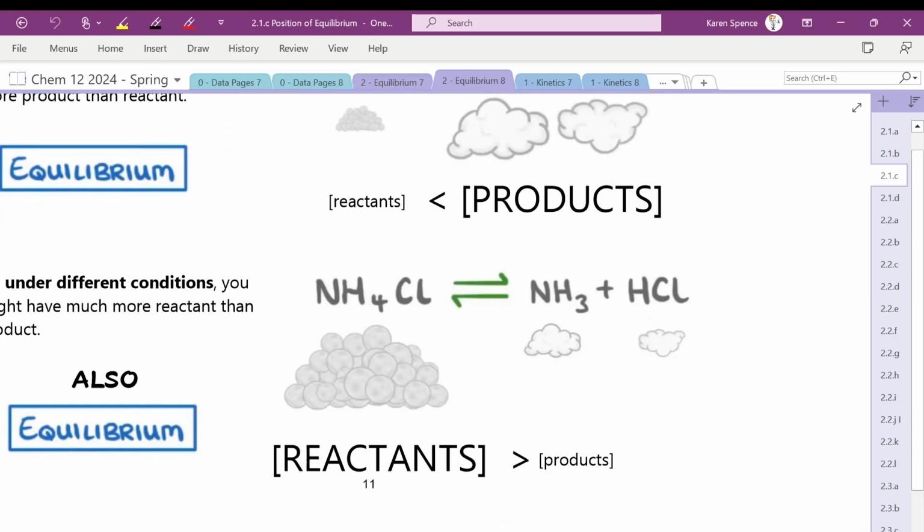Anyway, if you have more reactants than products, the ratio of reactants to products will stay constant. And this is going to become something that we will talk about later in the unit.